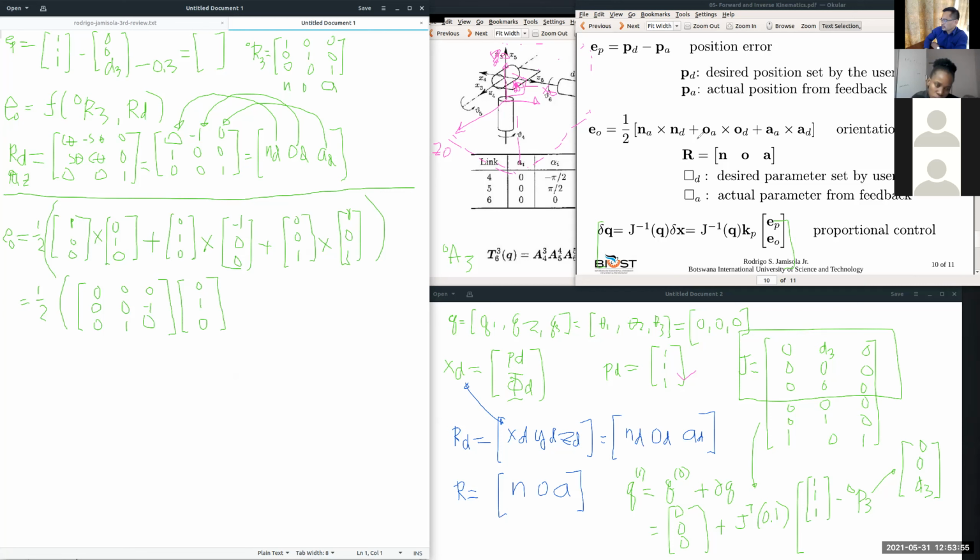Let me write it down here so that you can remember. Skew symmetric matrix of A is equal to 0, minus A3, A2, A3, 0, minus A1, minus A2, A1, and 0. That's what we use here.